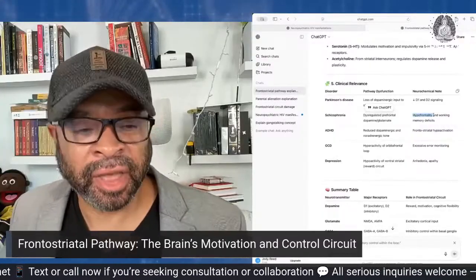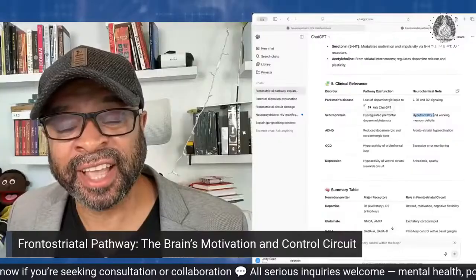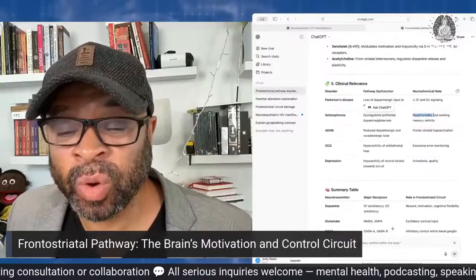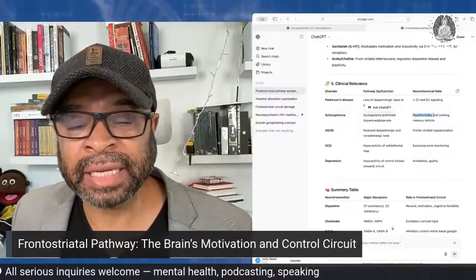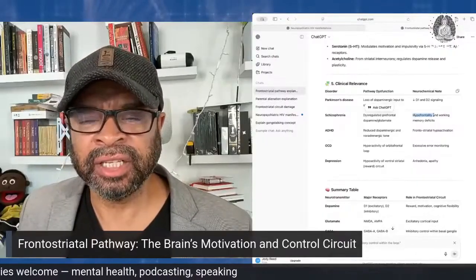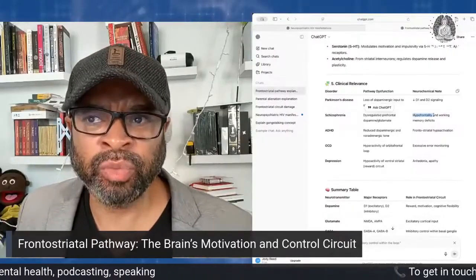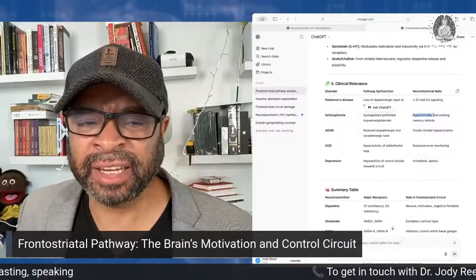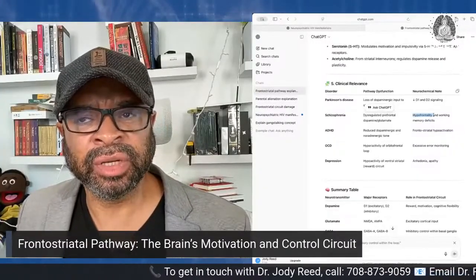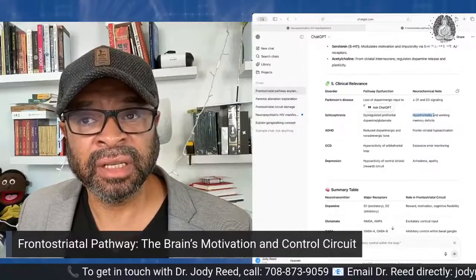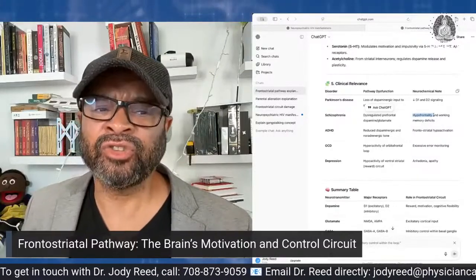hypodopaminergic, and therefore one of the antipsychotics, Abilify, works very uniquely because Abilify is a partial dopamine agonist, not a dopamine antagonist. It activates dopamine just a little bit, not a lot. So overall, it can significantly decrease dopamine hyperactivity simply because it activates a little dopamine at a time.